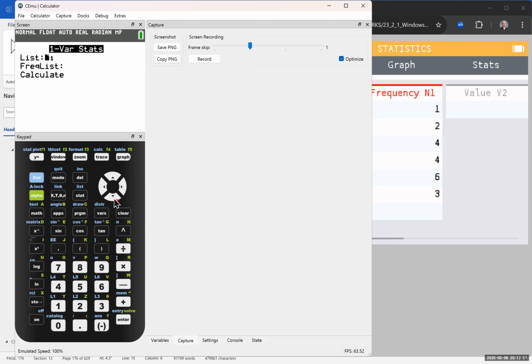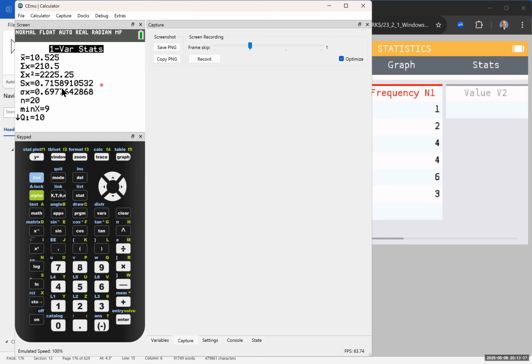List one is my list of unique datums. My frequency list is in list two. Go to calculate. Okay, and there's my mean, 10.525, and my standard deviation.